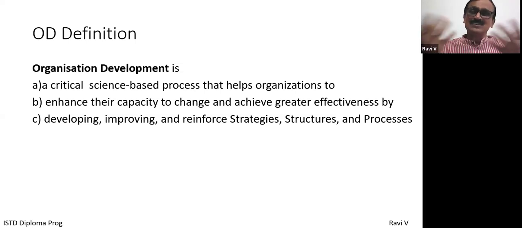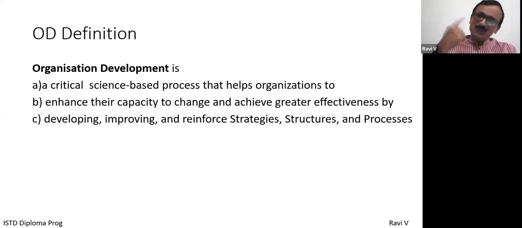What is potential? The capacity to which you can perform. How is it limited? By interferences from others, and most often it's the interference of our own thinking and our beliefs. This is shattered through such OD interventions. How do we do it? By developing, improving, and reinforcing strategies, structures, and processes.